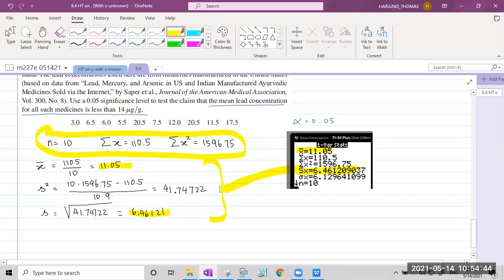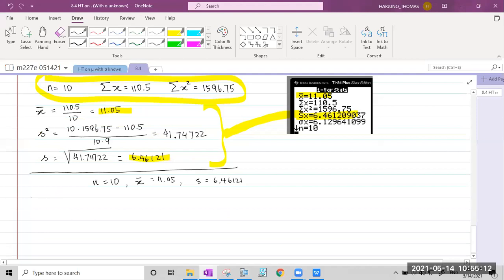Now at this point, we are done with the setup. The setup is n equals 10, x bar is 11.05, sample standard deviation 6.46121. Perform hypothesis testing that the mean lead concentration for all such medicine is less than 14 micrograms per gram.